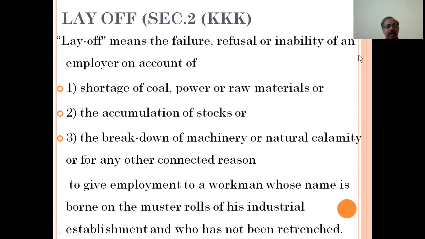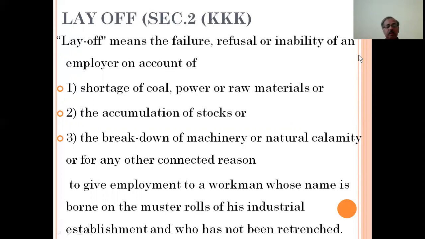According to section 2 triple K, layoff means the failure, refusal or inability of an employer on account of shortage of coal, power or raw materials, or the accumulation of stocks, or the breakdown of machinery or natural calamity, or for any other connected reason, to give employment to a workman whose name is borne on the muster rolls of his industrial establishment and who has not been retrenched.